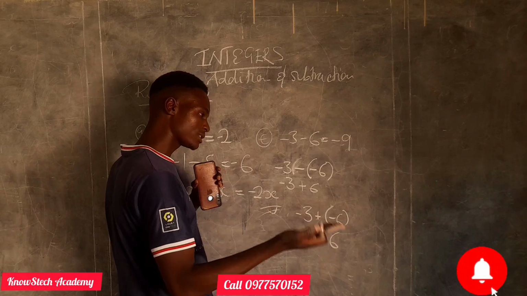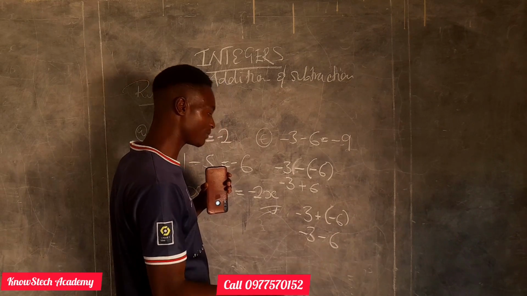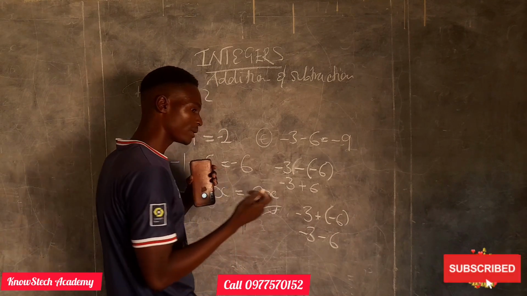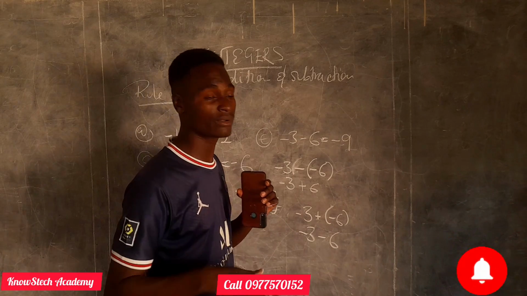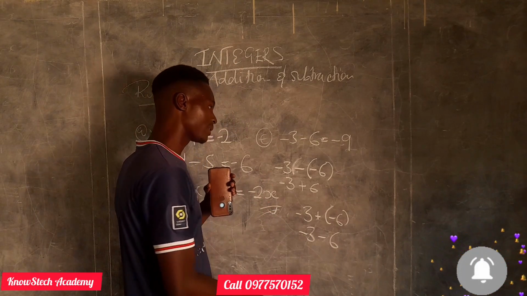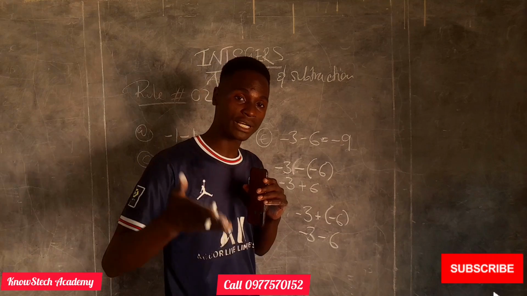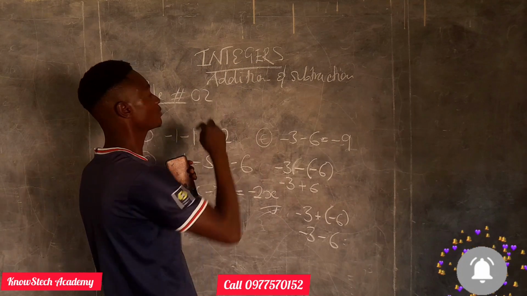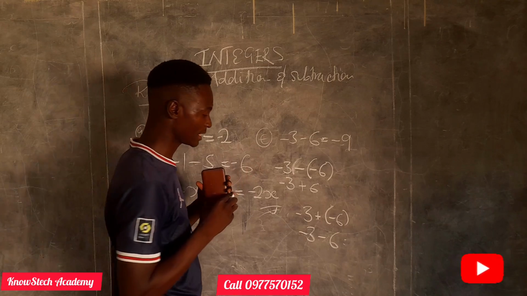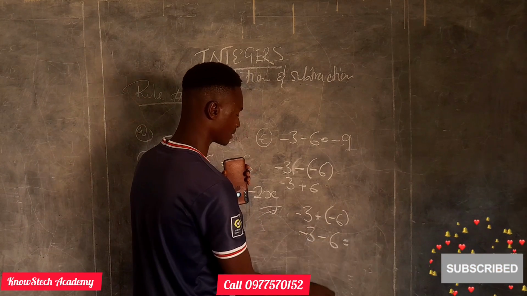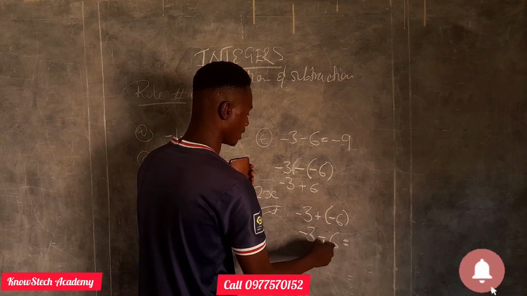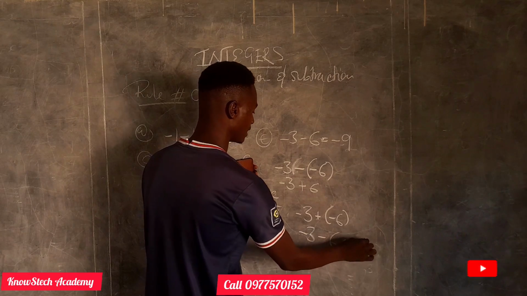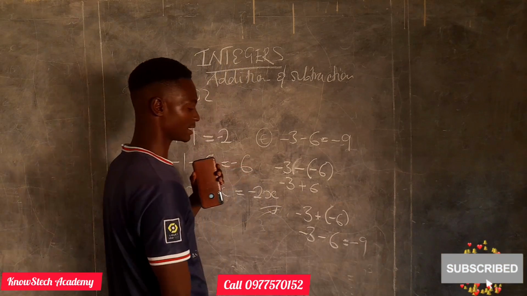It's only positive, negative that will give you positive. But opposite signs when multiplying will give you negative. Same as division. So this rule, which is rule number 2, applies, and the answer would simply be 3 plus 6, 9. The common sign is -9.